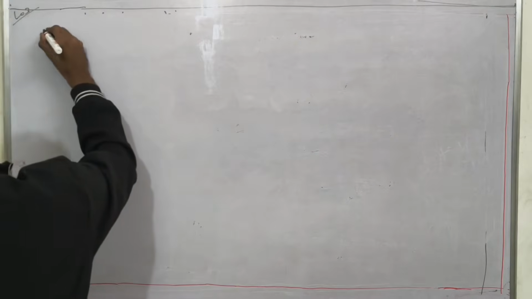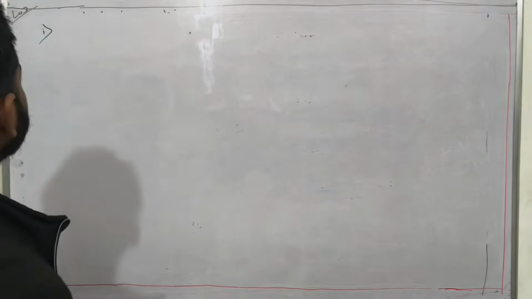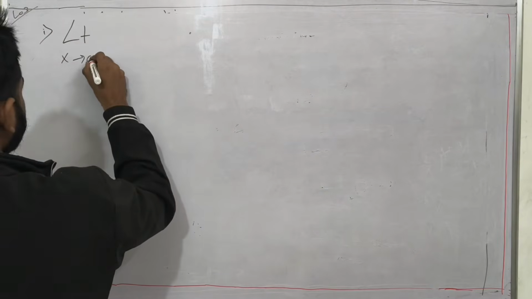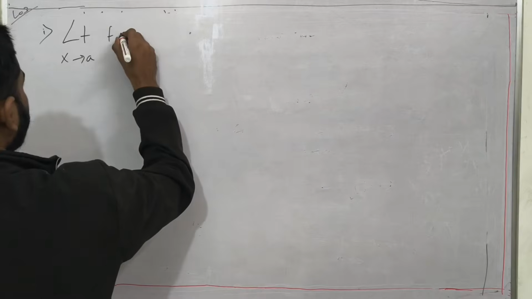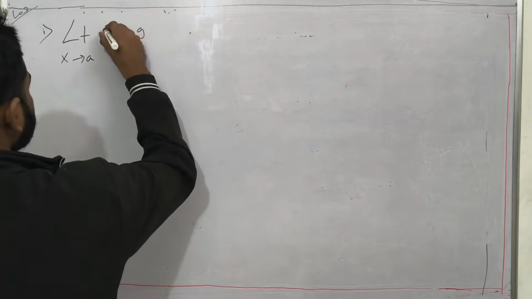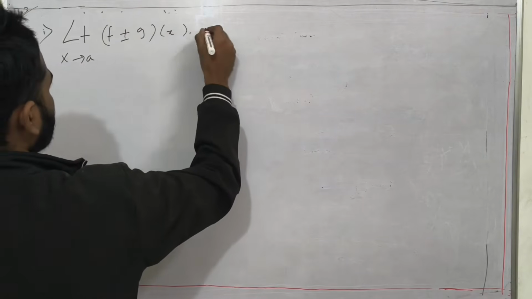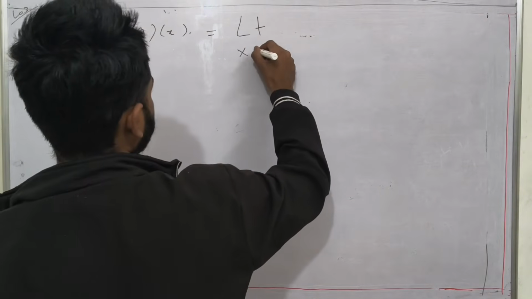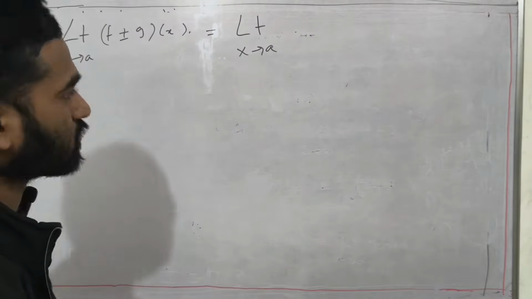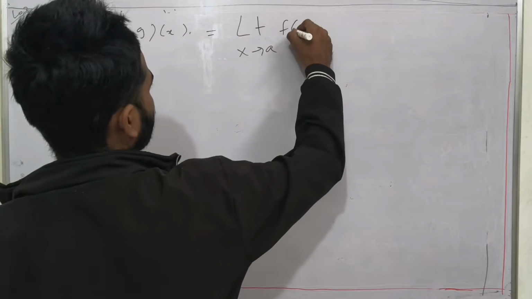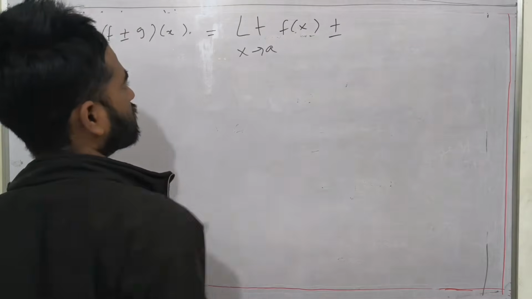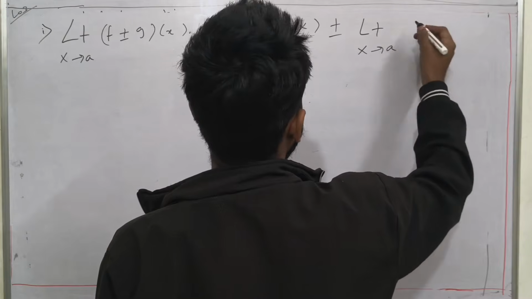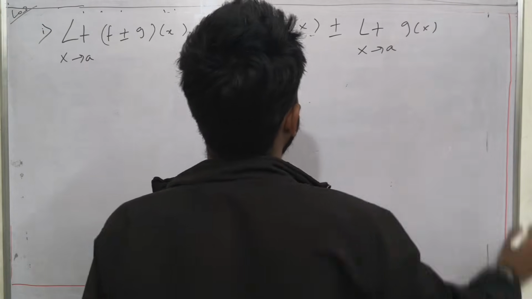The first one is limit x tends to a of f plus or minus g of x equals limit x tends to a f of x plus or minus limit x tends to a g of x.